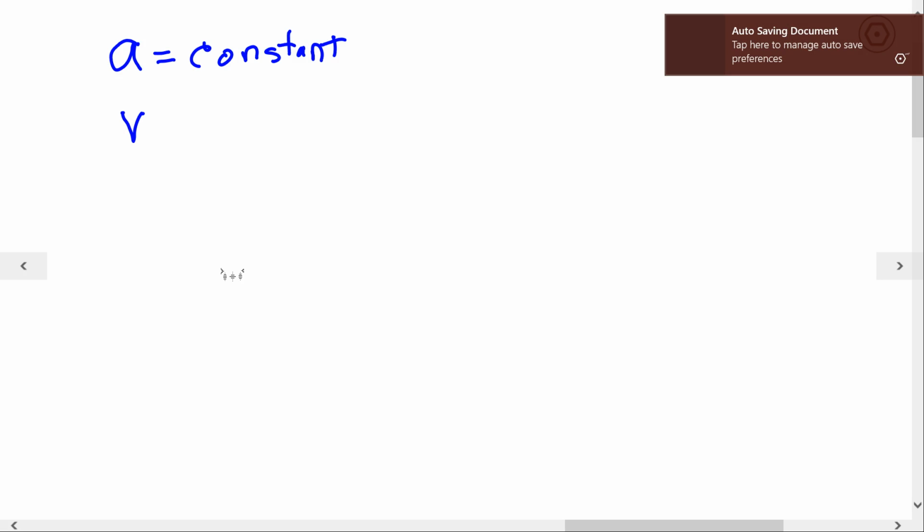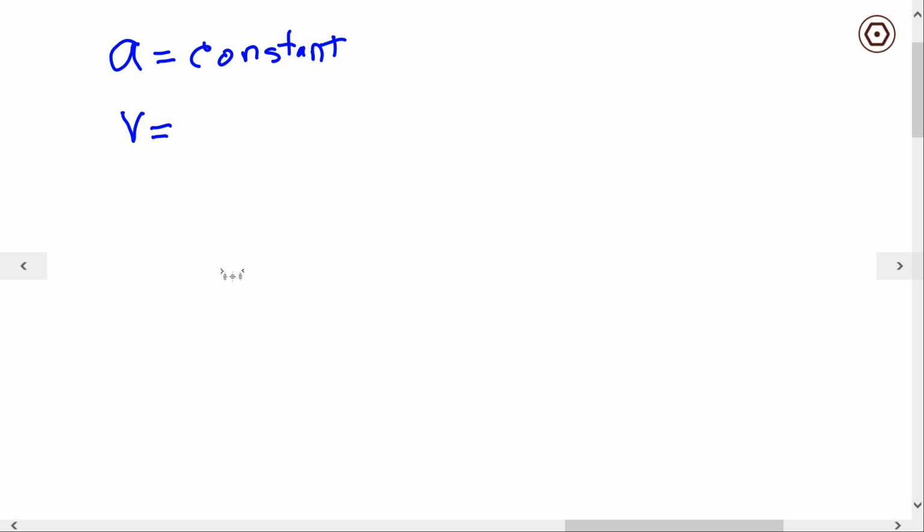But if you have constant acceleration, then the formula that follows by integrating would be velocity equals initial velocity plus the constant acceleration times t. Now, your book doesn't use this, but has initial time.